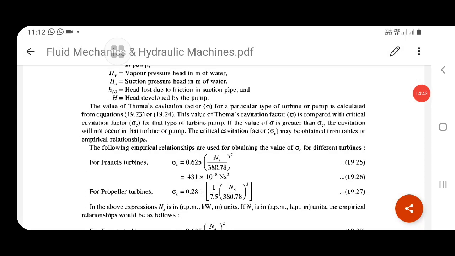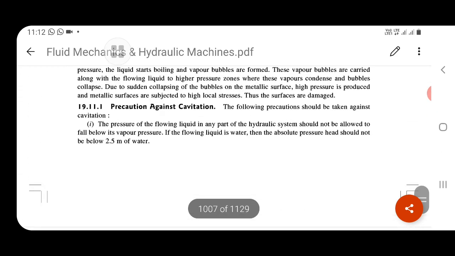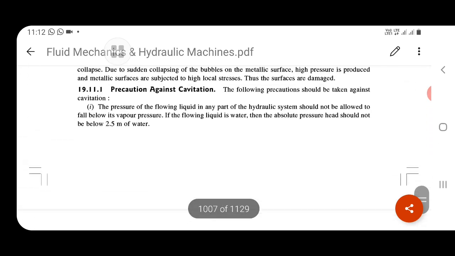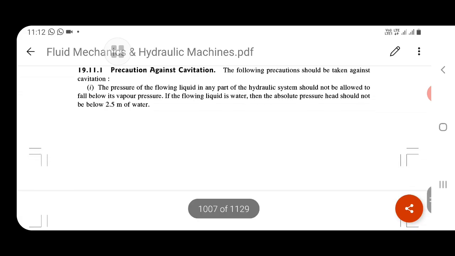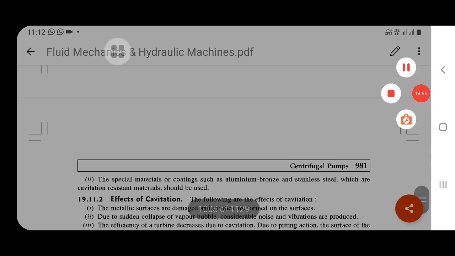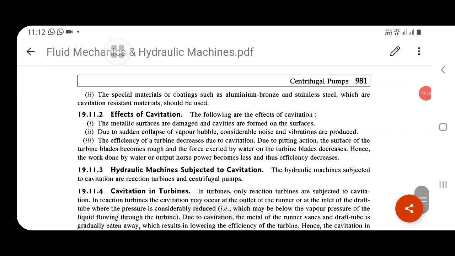So in today's session we have seen cavitation. First, the effects of cavitation. Metallic surfaces are damaged due to cavity formation. Second, due to the sudden collapse of vapor, considerable noise and vibration are produced.